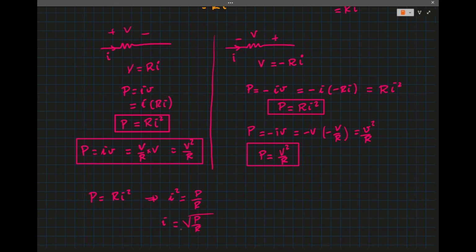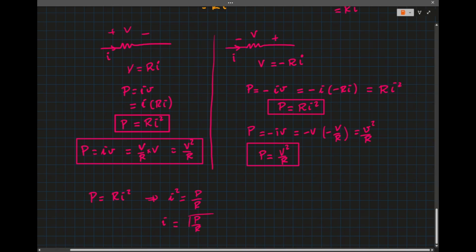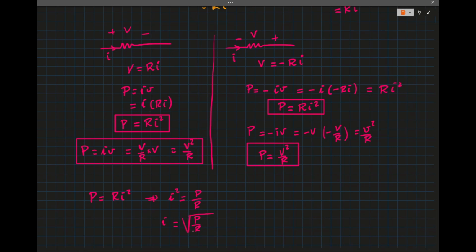Right? So we can always find the third variable if we are able to calculate the other one.